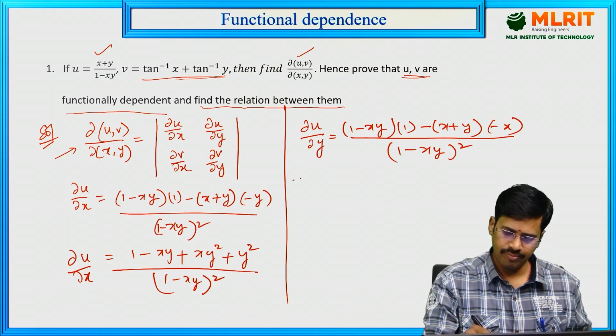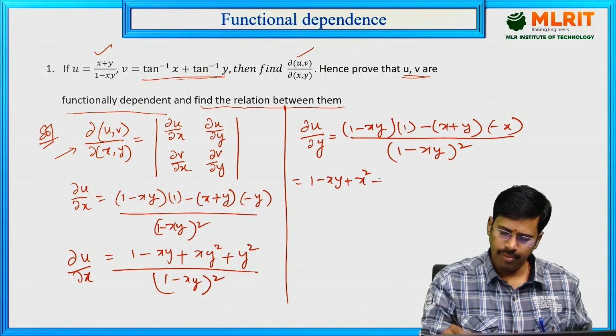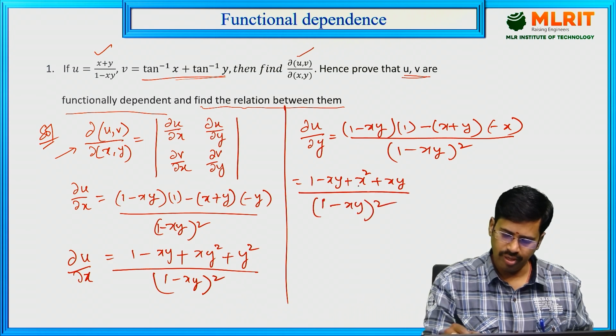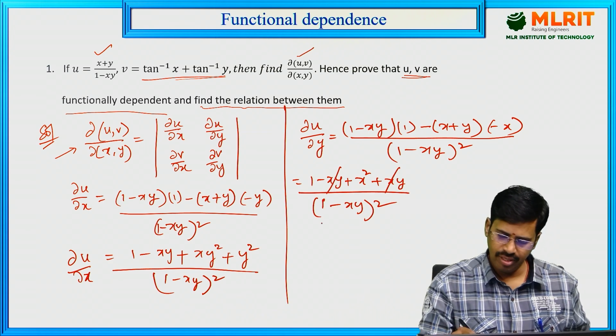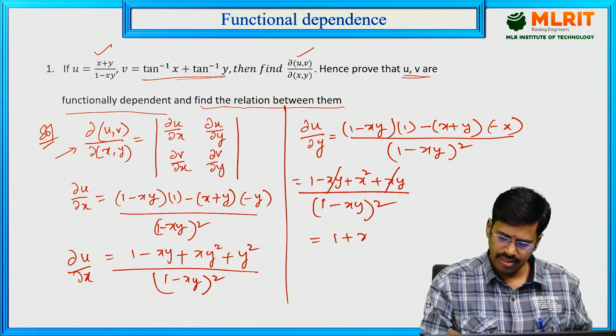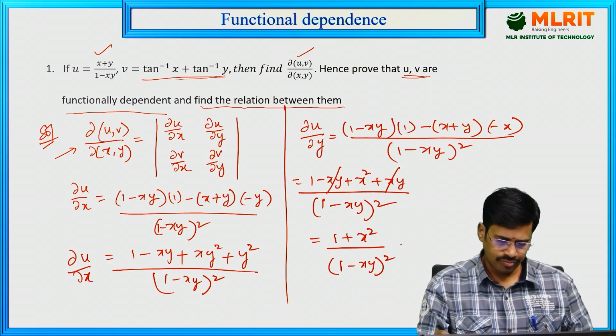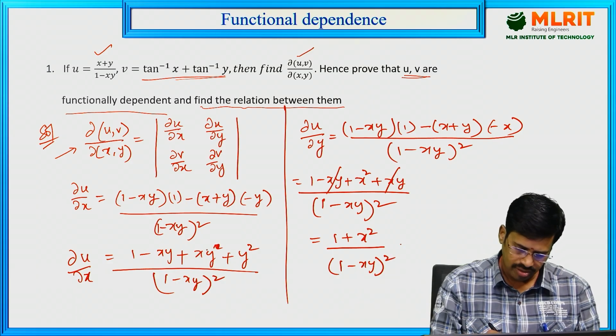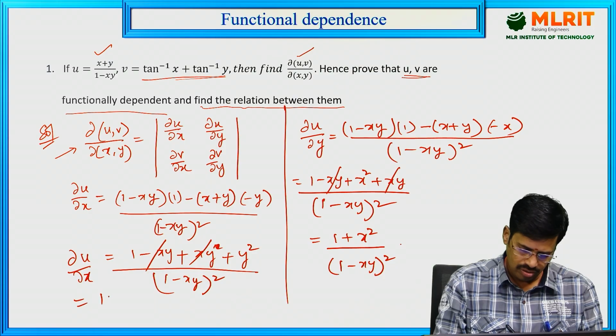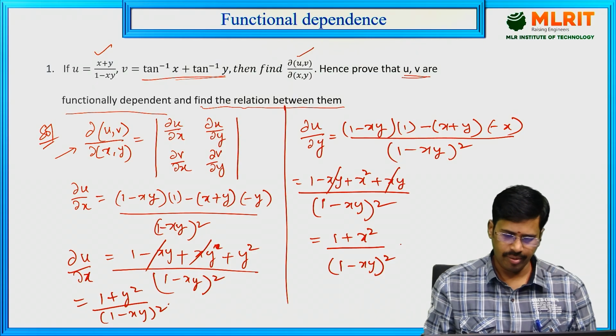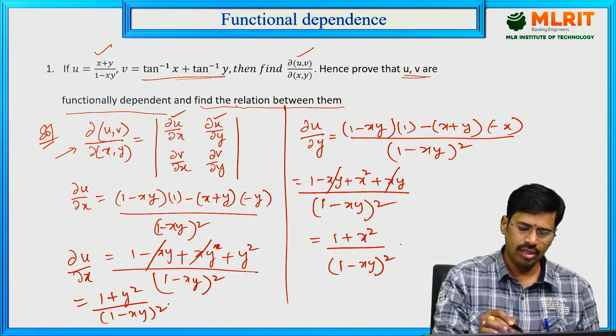So this gives 1 minus xy plus x square plus xy divided by (1 minus xy) whole square. The minus xy and plus xy cancel, that gives (1 plus x square) by (1 minus xy) whole square. And dou u by dou x is (1 plus y square) by (1 minus xy) whole square. So we got dou u by dou x and dou u by dou y.